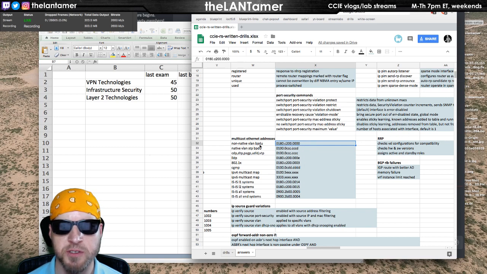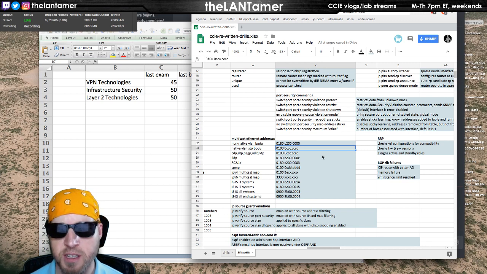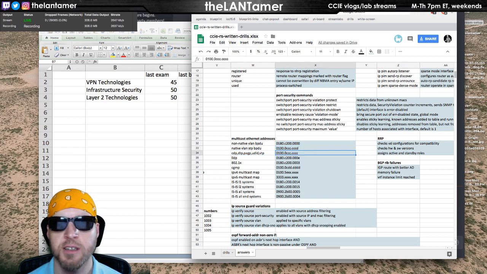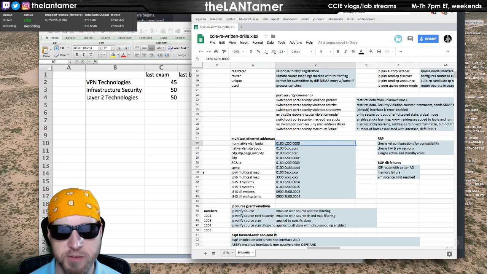I'm going to double check that, but you've got non-native VLAN BPDU using 0180, and then you've got this native VLAN spanning tree BPDU. This is particular to Cisco devices, and they're using 01000CCC.CCCD, which is very similar to CDP, DTP, PAgP type of packet. Why is there such a disparity here? How am I going to remember which is which, native and non-native?